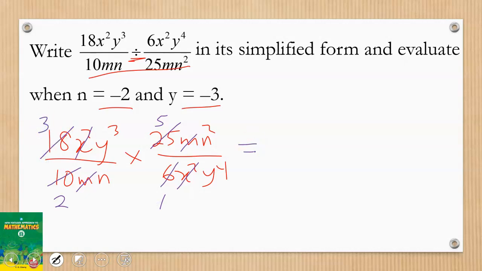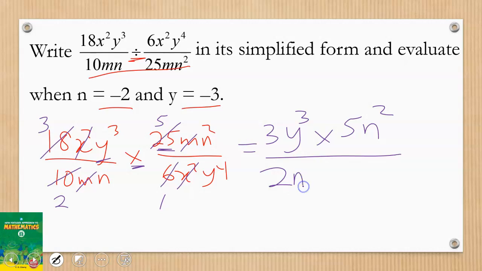Now let me pause and write what is left. I have 3 and then y cubed times 5 and n squared divided by 2n, because we have n also left here. Then 6 is gone, this is gone, we are left with y exponent 4. So you can see what we have now.